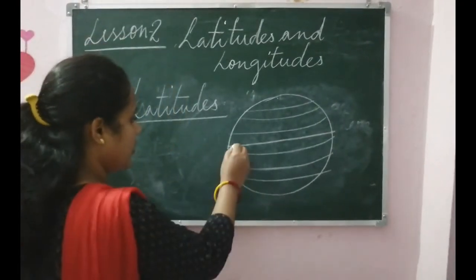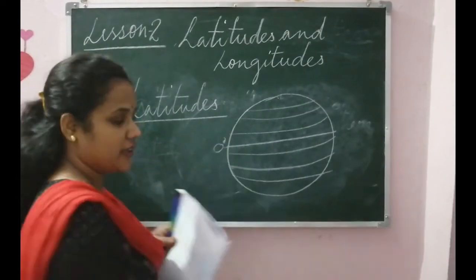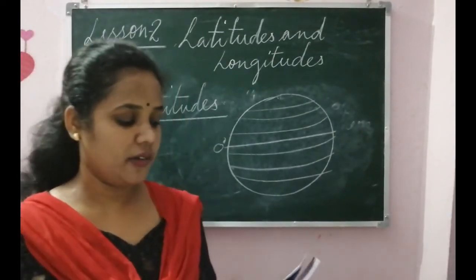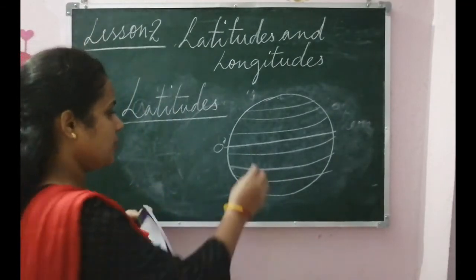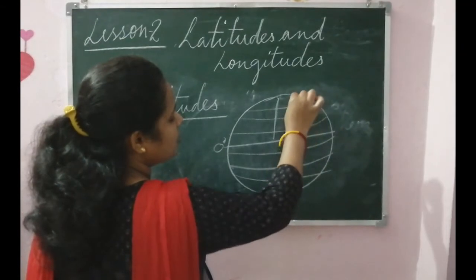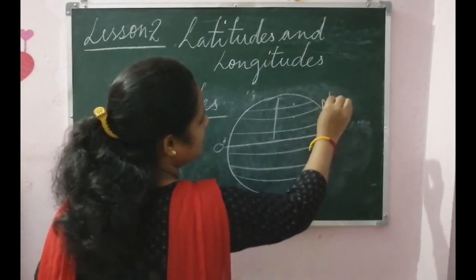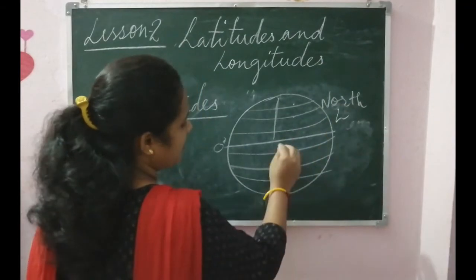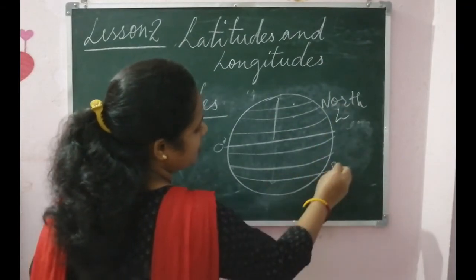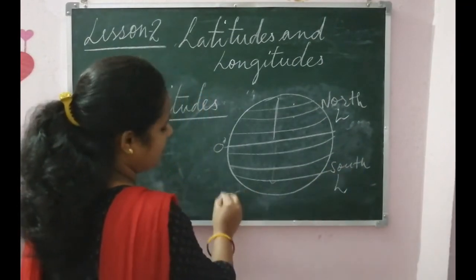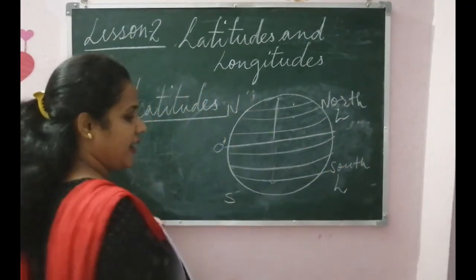Parallels from the equator towards the North Pole are called northern latitudes, and those in the south are called south latitudes. We will represent them with S and N.